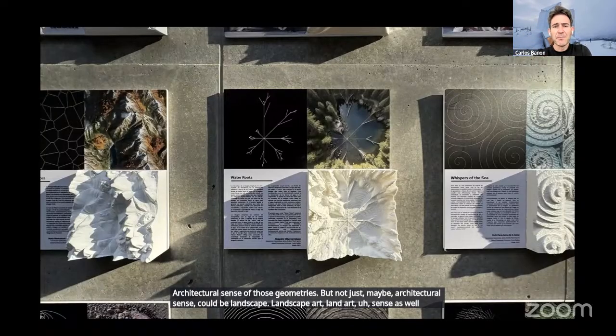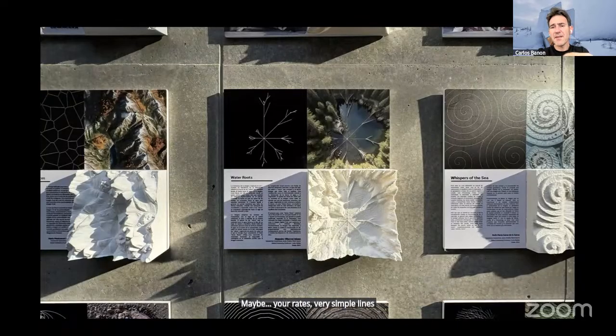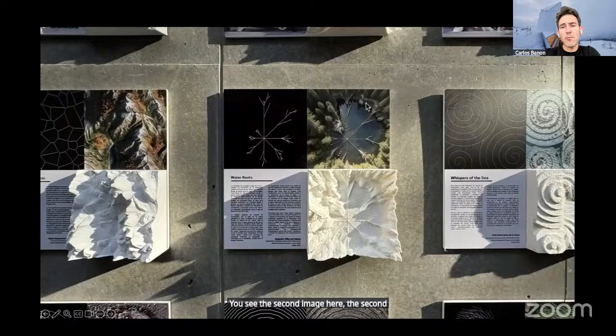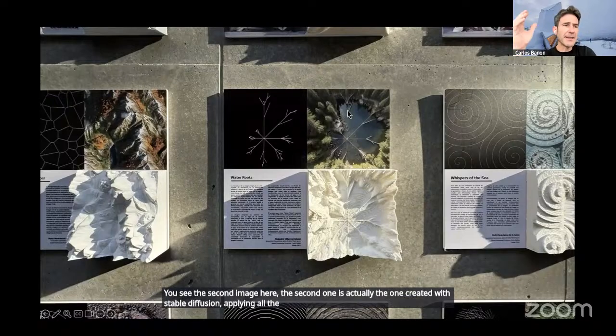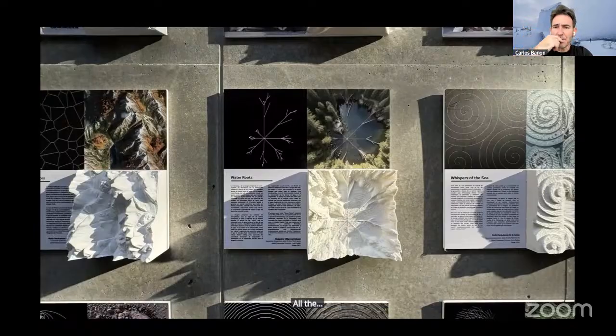So the idea was to generate very simple lines, very simple scripts that could originate the design. You see the second image here. The second one is actually the one created with Stable Diffusion, applying all the latest things that were done by them, all the LoRAs, all the ControlNets for sure, and the IP adapters.